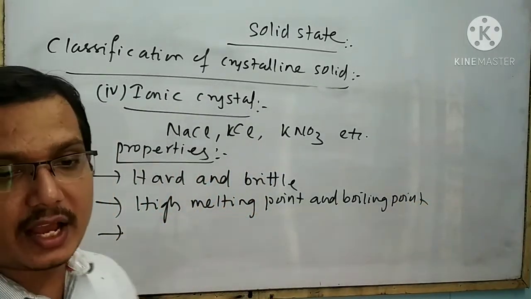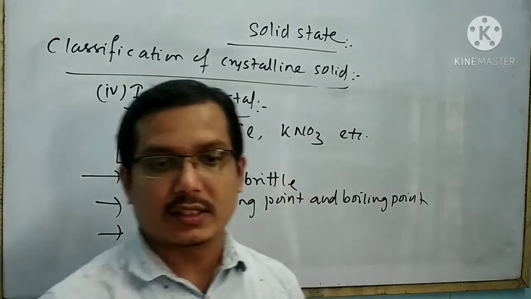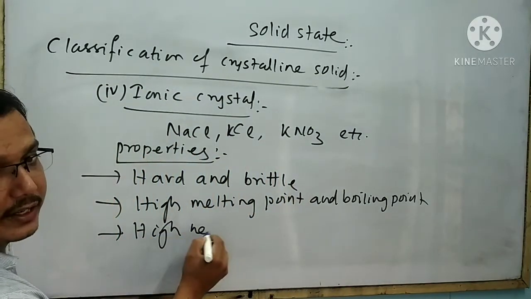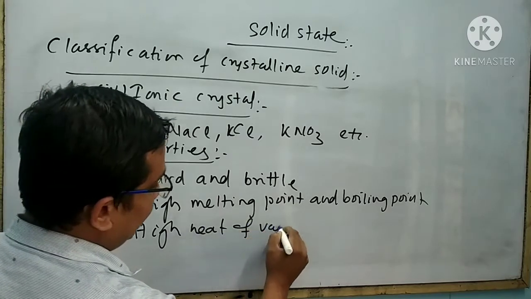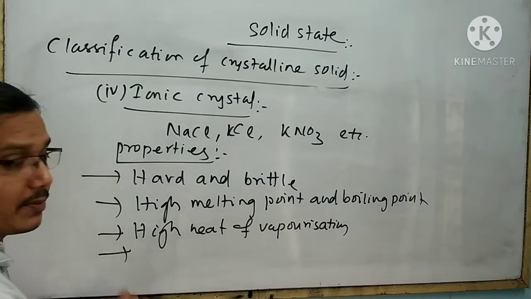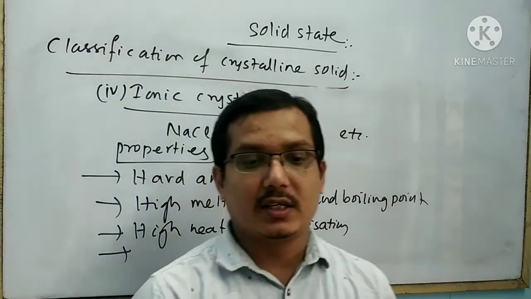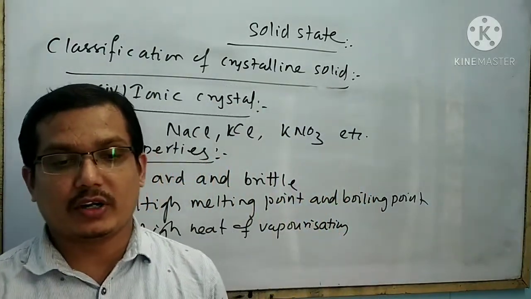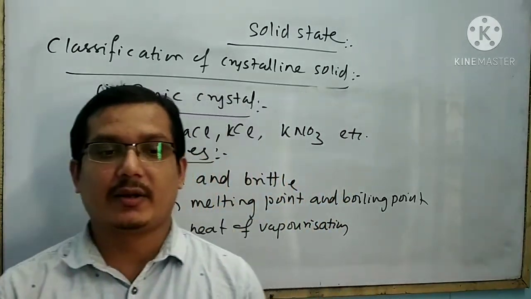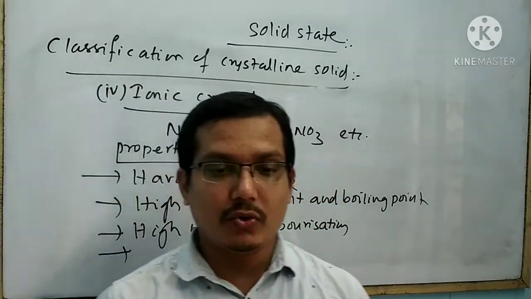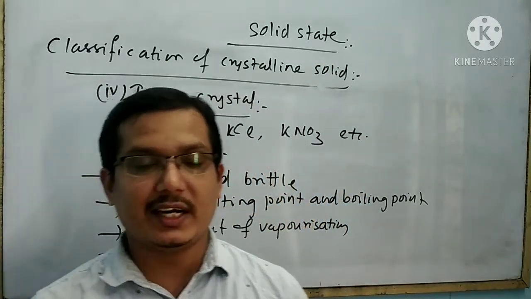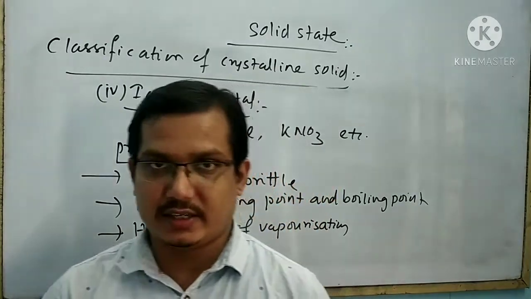Next point is ionic crystals have high heat of vaporization. Next point is ionic crystals are poor conductors of electricity in solid state, but they act as good conductors of electricity in fused or molten state or in aqueous state.